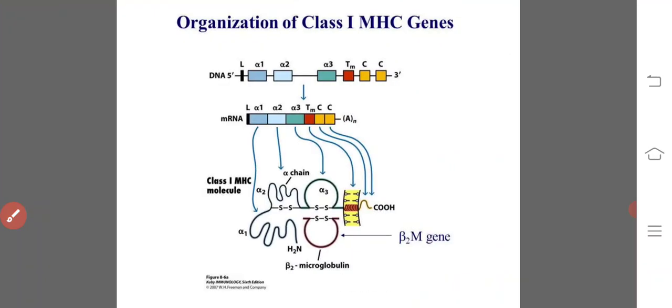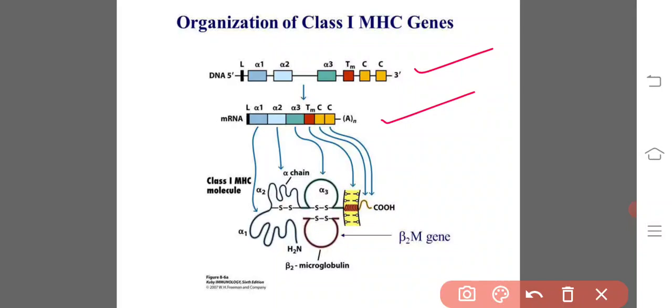See, this is the organization of the class 1 MHC genes. Here you can observe, this is the DNA molecule and it undergoes transcription to the mRNA, and here alpha 1 gene for alpha 1 region, alpha 2 and alpha 3, and here TM means transmembrane region, and this is the cytoplasmic region.